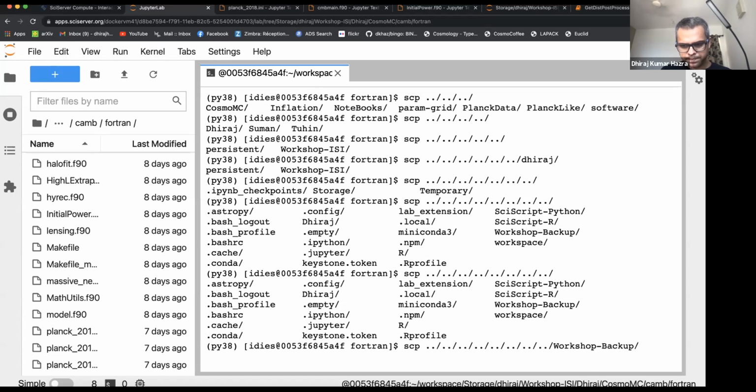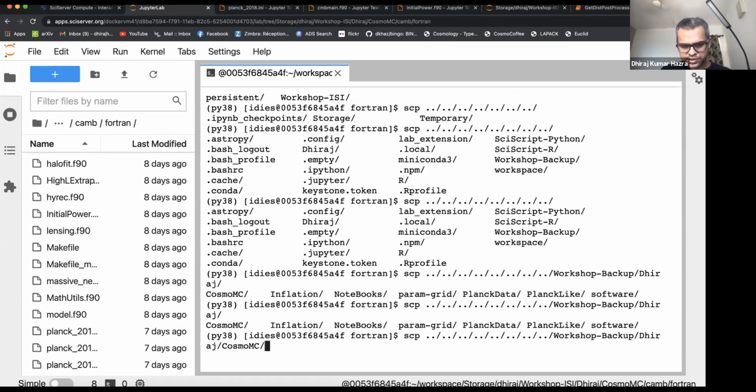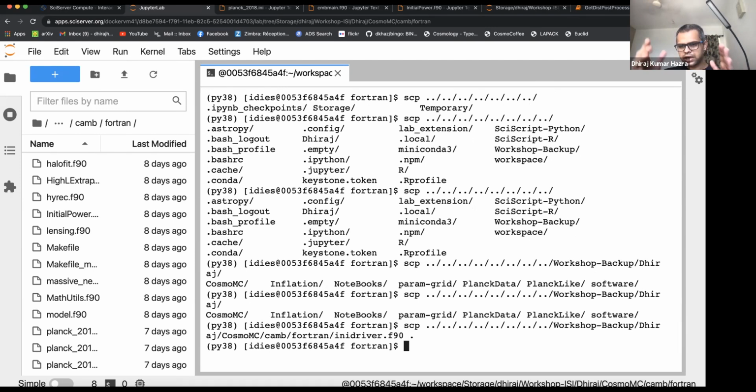Workshop backup. Cosmo MC cam Fortran. Okay, either you can download and put it there, or you simply copy this ini driver.f90 in the Psi server inside the Fortran directory from here to your directory.